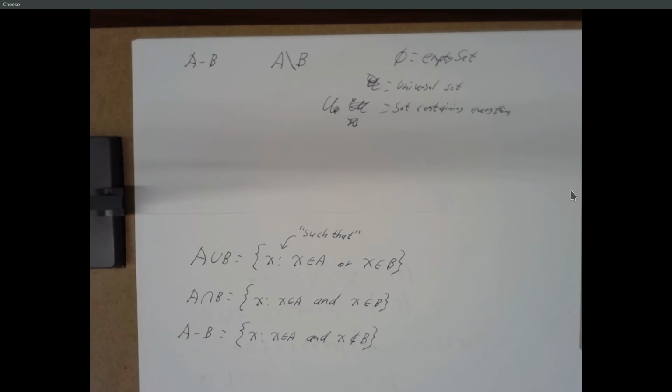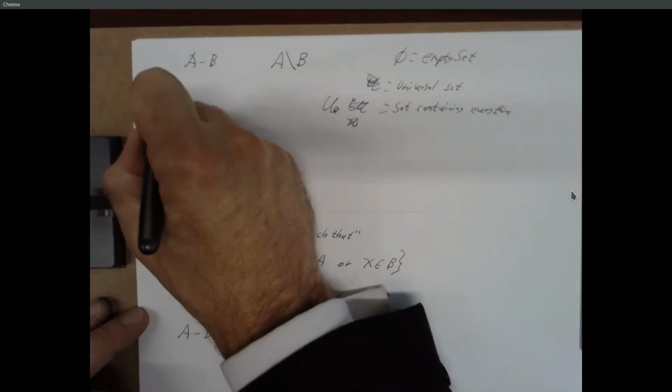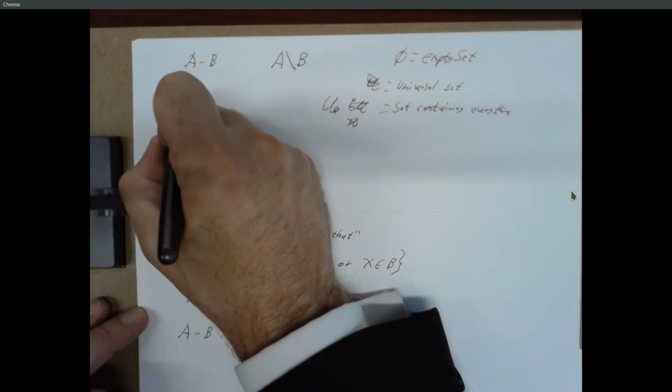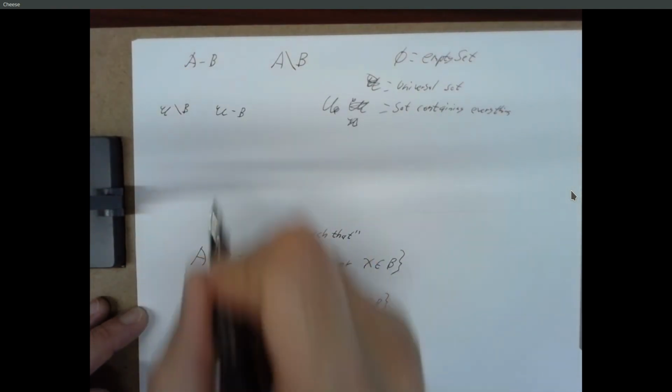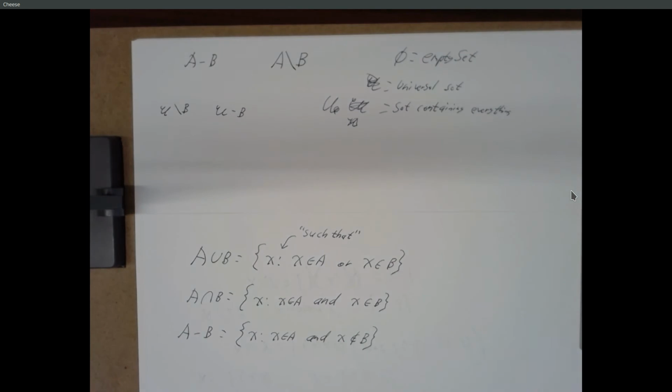So there's a particular complement we like to talk about sometimes, which is the universe take away B, or the universe minus B. The complement of a set in the universe of all possible things.